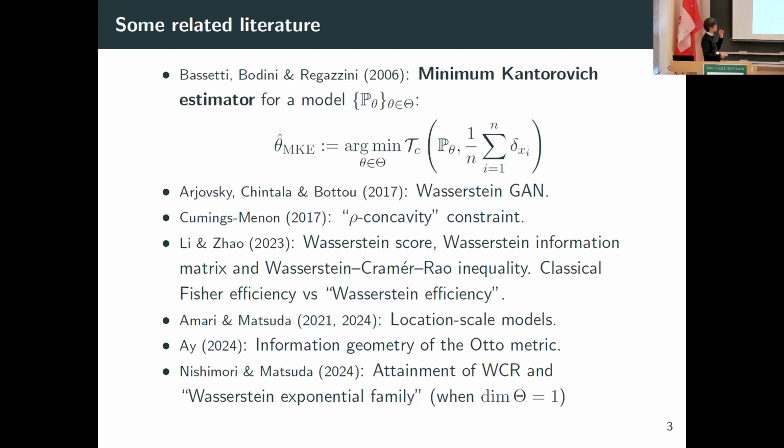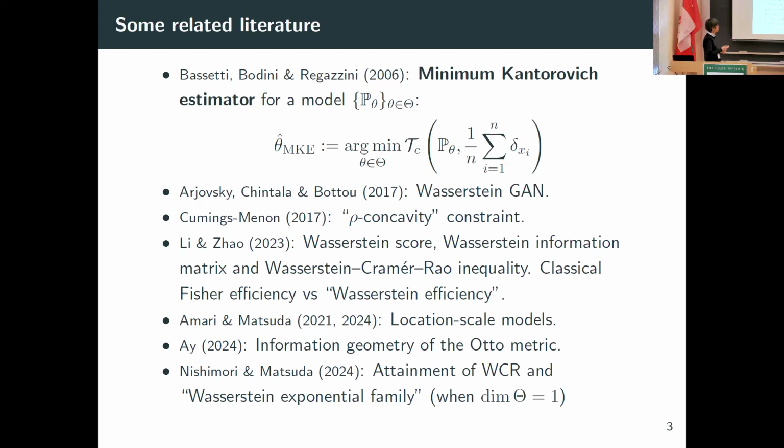And then what you do is that you consider the covariance matrix of that score, and this forms the so-called Wasserstein information matrix. So actually, it turns out that this is basically the Riemannian metric that the OT metric restricts to that statistical model.